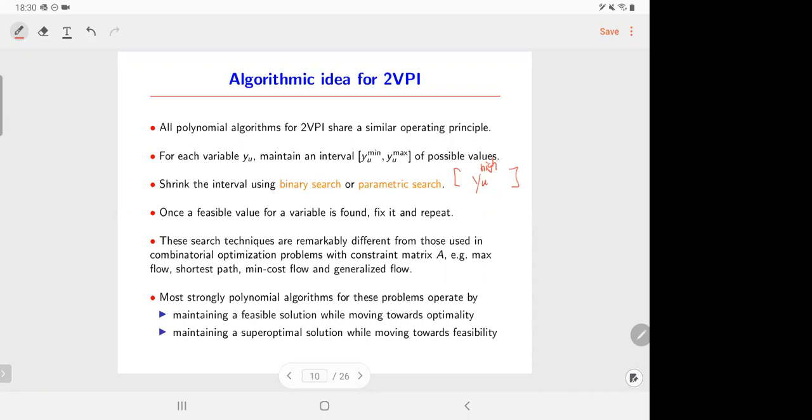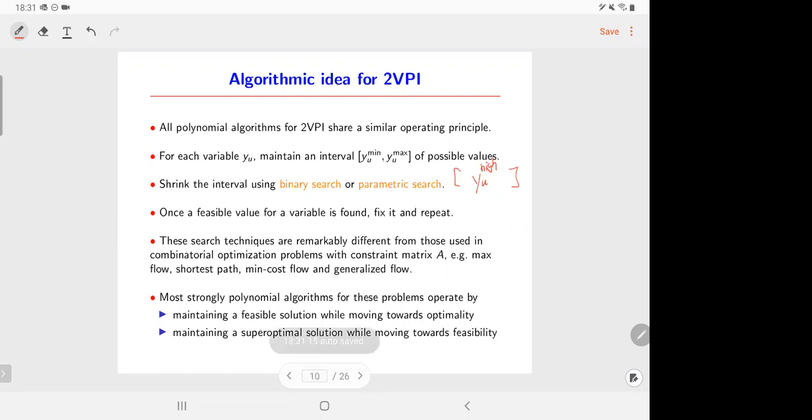Now, if you look at these search techniques, which are based on binary search and parametric search, they are quite different compared to those for combinatorial optimization problems described by a constraint matrix A, which are matrices with at most 2 non-zero entries in each column. So these are the combinatorial problems that we know and love, such as max flow, shortest path, min cost flow, and so on.